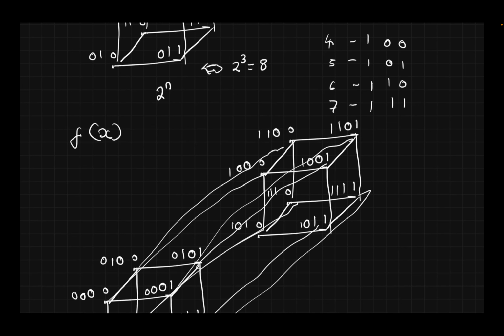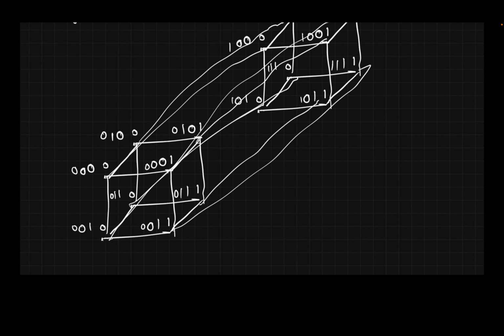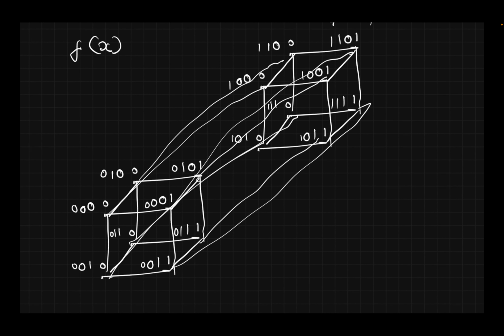So now let's look at interpolation of multilinear polynomials. Cool? Here we're going to be given a set of points, and we're going to use those points and Lagrange interpolation to get back the original multilinear polynomial.